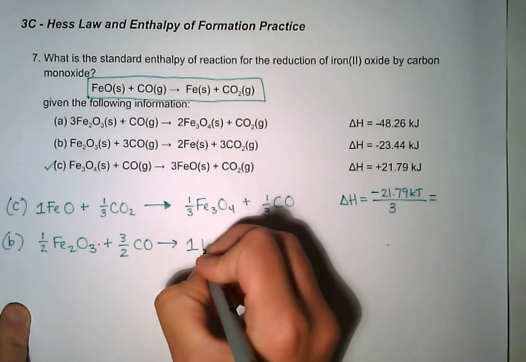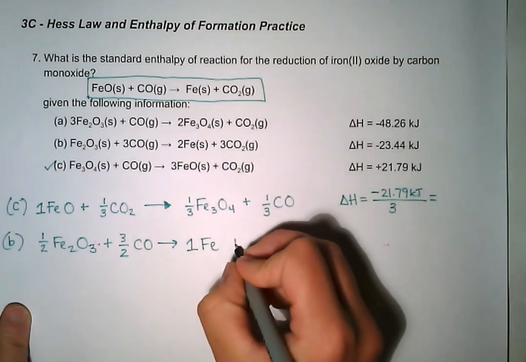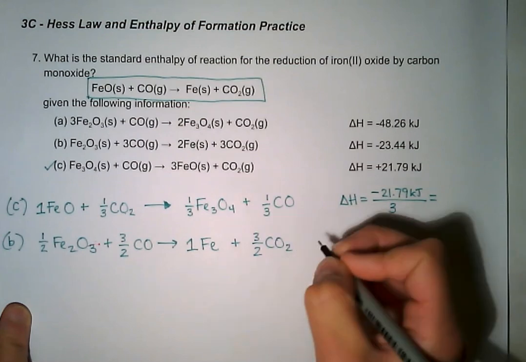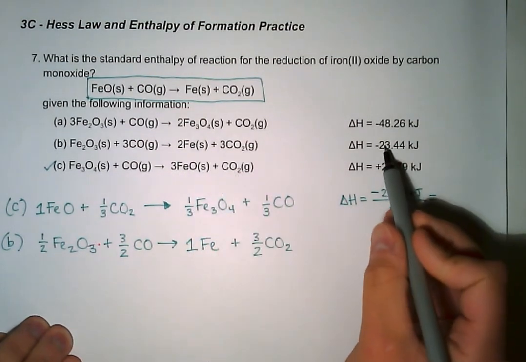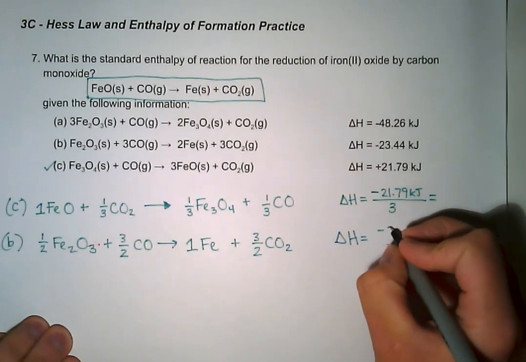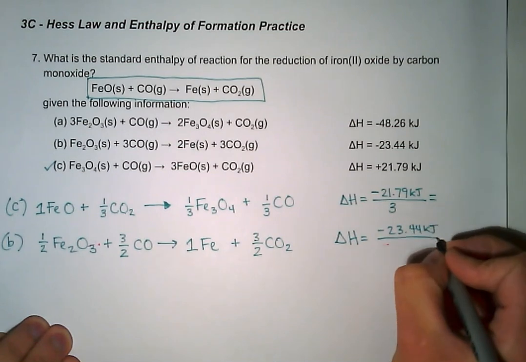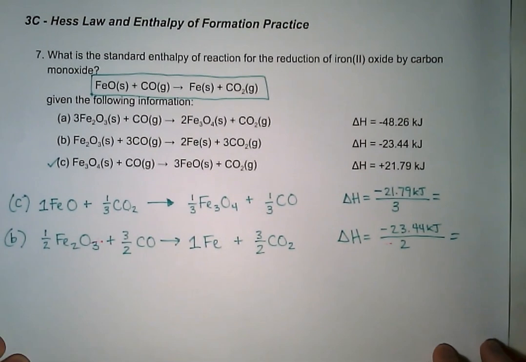That one's the easy one. And then instead of 3 CO2s, I'll have 3/2 CO2s. So since we just divided everything by 2, we need to divide our delta H value by 2. Delta H equals negative 23.44 kilojoules divided by 2. And we'll find that answer later.